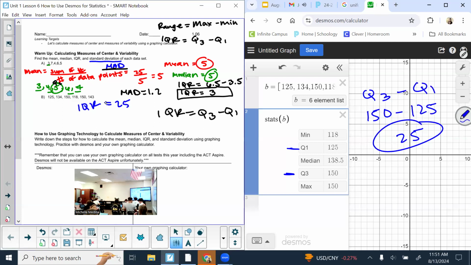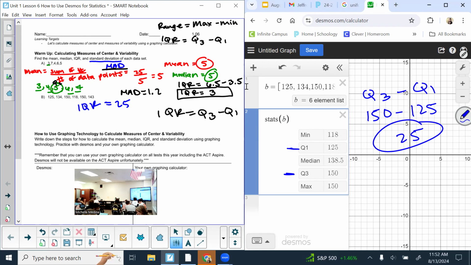That's what I'm going to ask for next. Also, you put B, but I think you called your data set something else. It has to match whatever you call your data set. If I change this letter to A, then I need to change this to A in order for it to tell me for that data set.